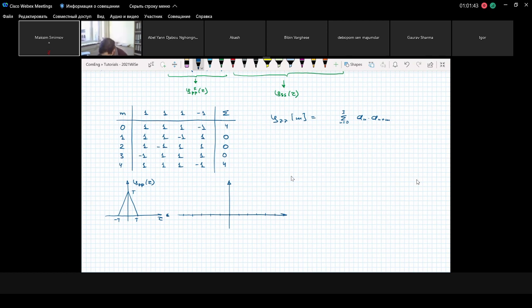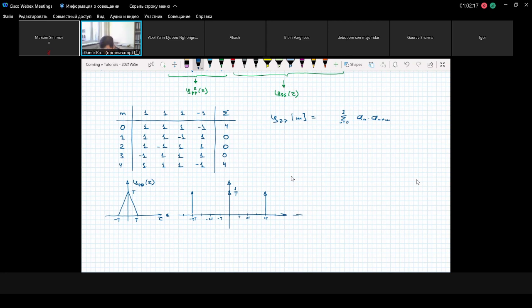Okay, so we have a delta pulse at 0, then another delta pulse at minus 4T and 4T, and the value will be equal to 1 over T, because we take this value 4 and divide by the spacing 4T.